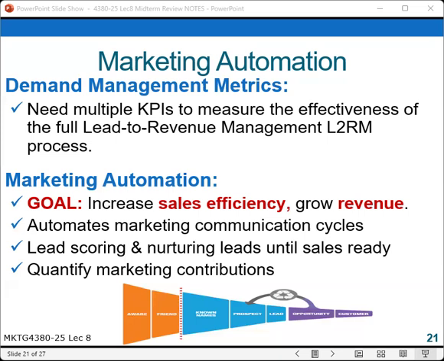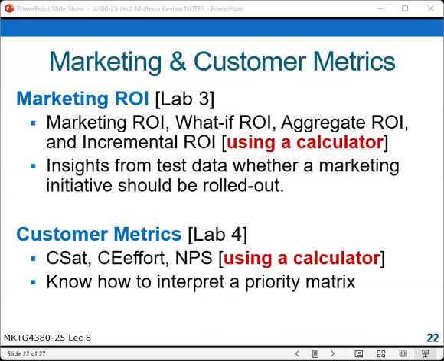You would then score them based on the way that they respond to these different things and use that lead scoring, and the automation process will do that for you. By setting up that lead scoring, you'll know when they are sales ready, and they move down the pipeline there.